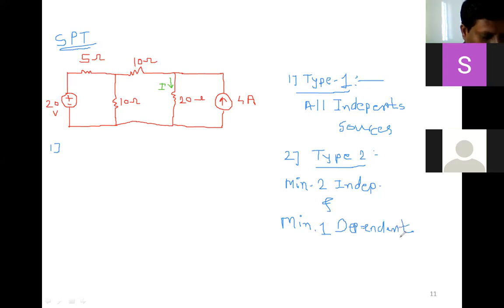So type 1 means all independent sources. Type 2 means minimum 2 independent sources and minimum 1 dependent source.